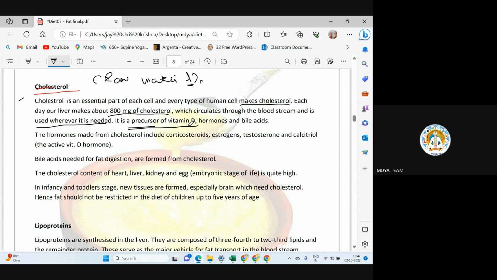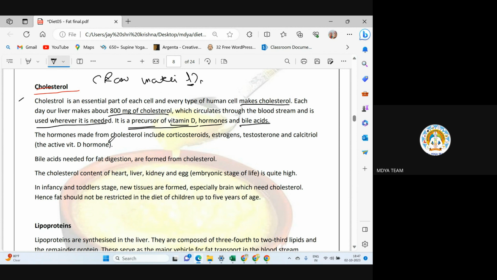For the formation of vitamin D, for the formation of some hormones, some steroid hormones as I told you, and even for the production of bile acid, cholesterol is needed. That's why it is written that it is a precursor of vitamin D, hormones and bile acid.